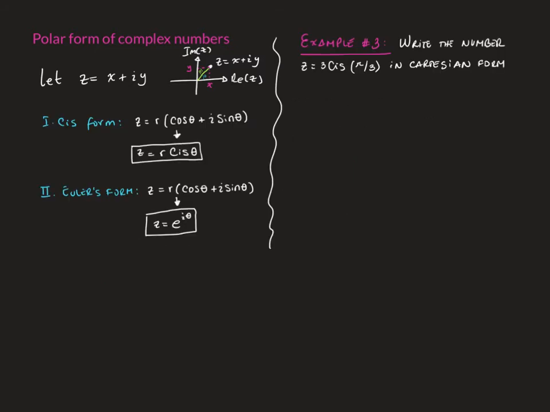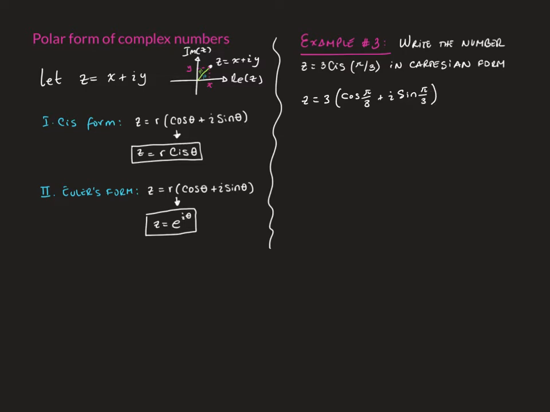Let's work a few examples. The first example that we have here is example number 3. Write the number z equals 3 cis of pi by 3 in Cartesian form. For this, we just need to substitute the definition of cis, and that is going to be z equals 3, now cis is cosine theta plus i sine theta, so cosine of pi by 3 plus i sine of pi by 3.